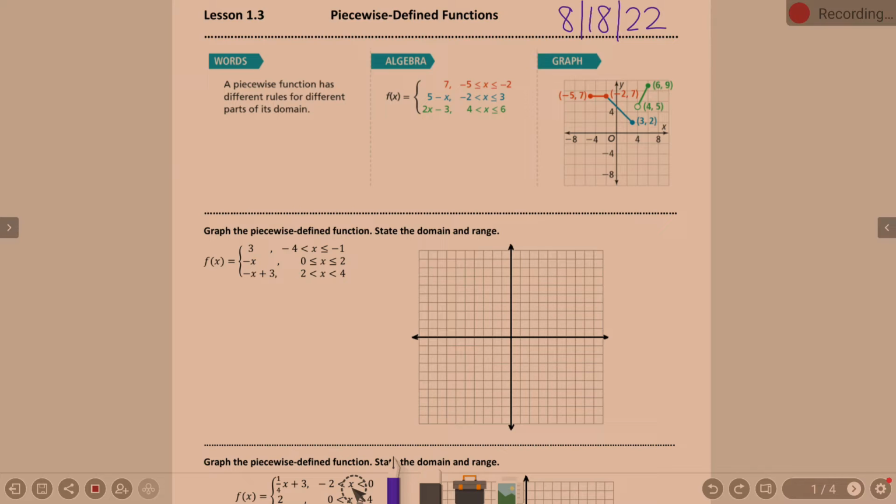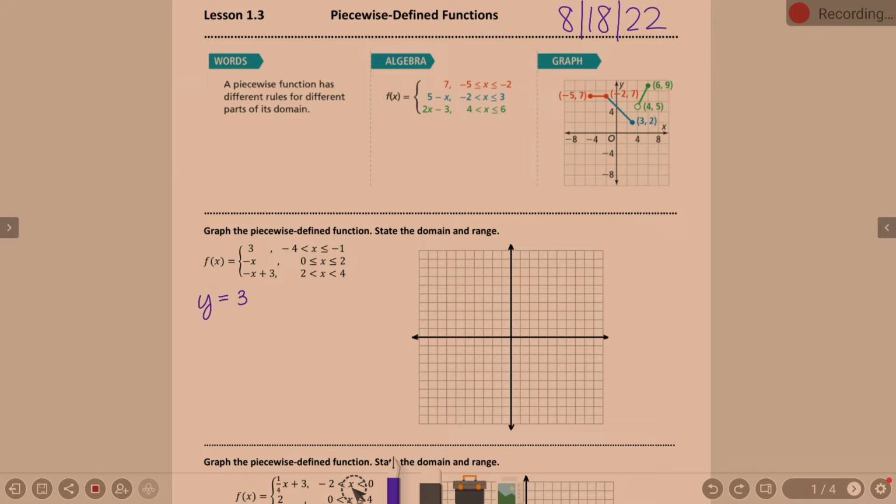If I start with this equation right here, f of x has these three pieces. Each piece exists with certain x values. We're going to start with the top piece, which is 3. That is the equation. You can think f of x equals 3.